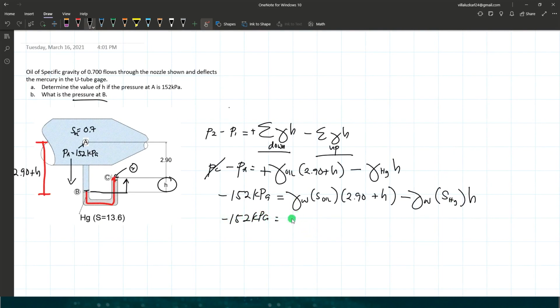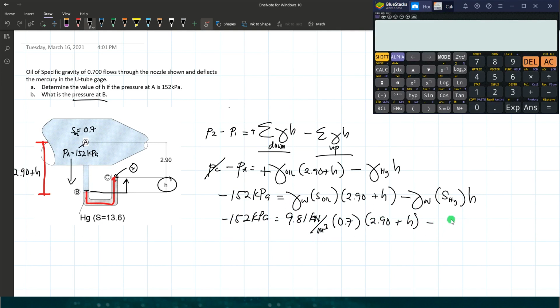We have unit weight of water 9.81 kilonewtons per cubic meter, specific gravity of oil 0.7 times 2.9 plus H, minus 9.81 kilonewtons per cubic meter times specific gravity of mercury 13.6 times H.